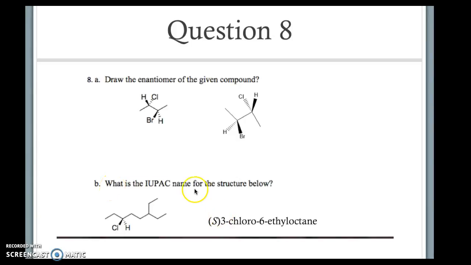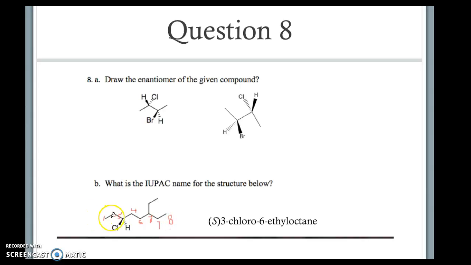And lastly, we will decide the IUPAC name for the structure given below. We need to follow the rules of IUPAC. We need to start with the lowest numbered carbon that has our substituent added to it. So I'm just going to start from the left going to the right and numbering our carbons. 1, 2, 3, 4, 5, 6, 7, and 8.